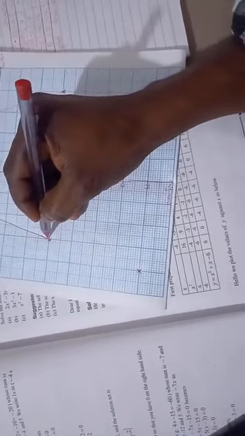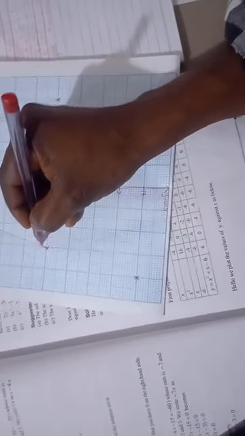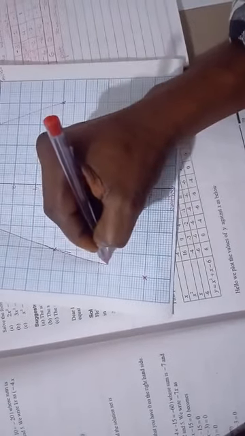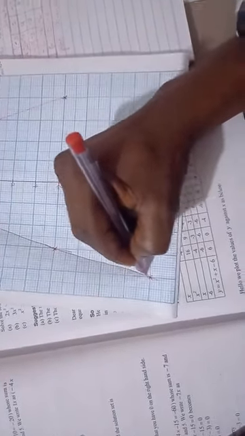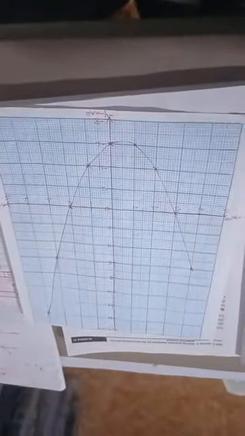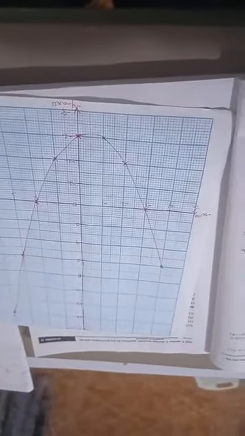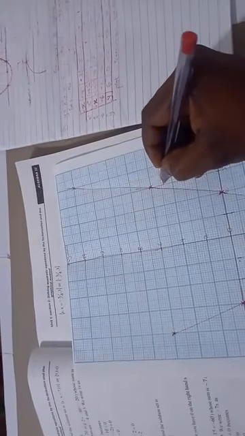There's no way it can be straight, but at least it should not be crooked. It should not be crooked. So look at the curve. All right. So that's how we join all the points. So after joining all your points, you name your curve.